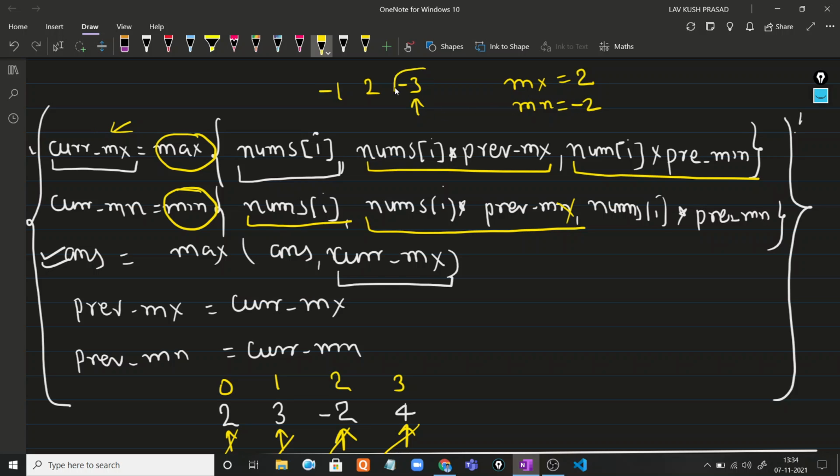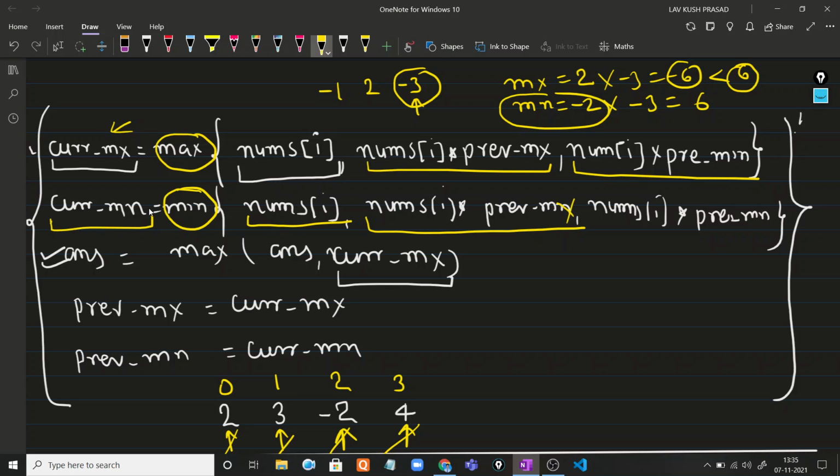For this case the current is negative, so we multiply with min, not max, because minus 2 into minus 3 is equal to 6, and if you multiply with max, it is equal to minus 6, which is less than 6. So that's why we store the current min, right?